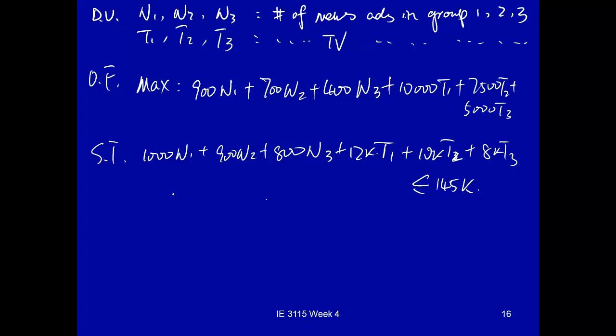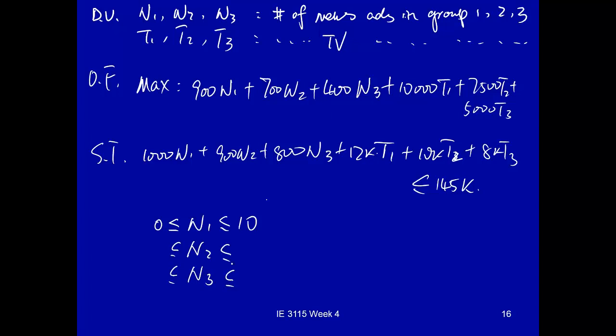And then the next group of constraints is we want to make sure the way we define the decision variables works. Okay, I think everyone got this one correct. So N1 is greater than or equal to 0, less than or equal to 10. Okay, some confusion was there for the N2 and N3 values.